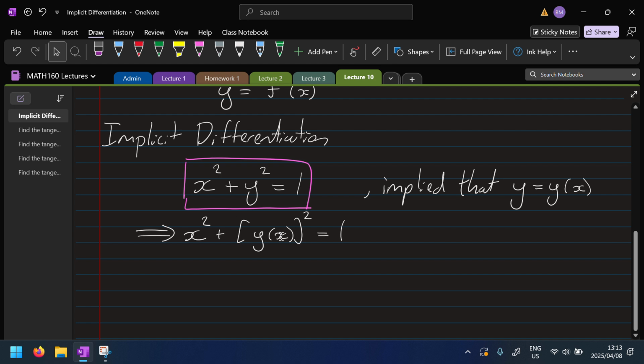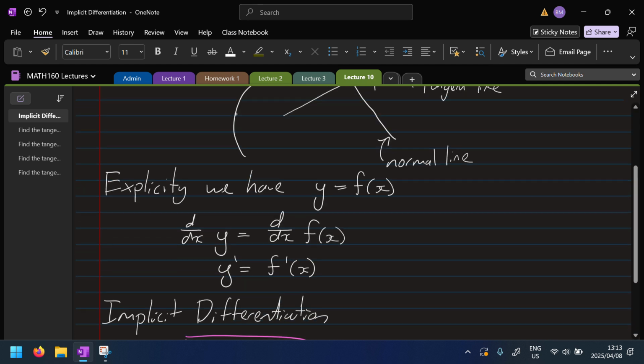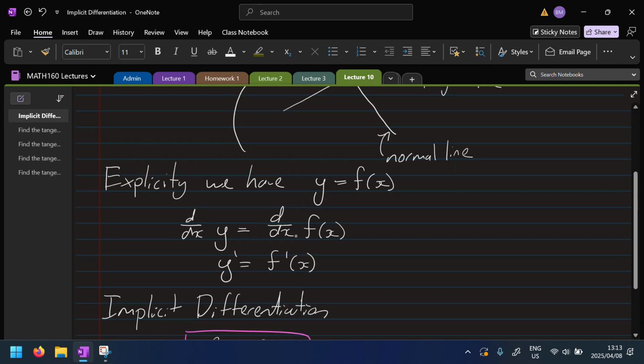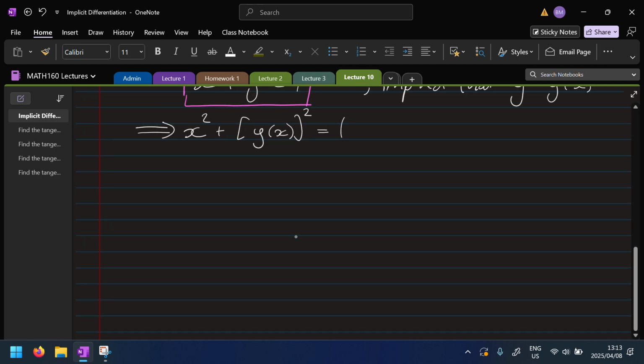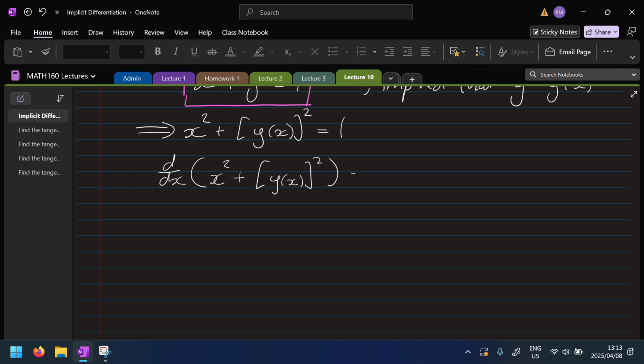Now, the goal is the same. We want to find y prime. So we do the derivative on both sides, exactly like what we did in the previous case, where y was a function of x. Taking d by dx on both sides, we have d by dx of x squared plus y of x squared equals d by dx of 1. Now let's do the derivative. d by dx of x squared will be 2x plus, now d by dx of y of x squared, we need to use the chain rule here.